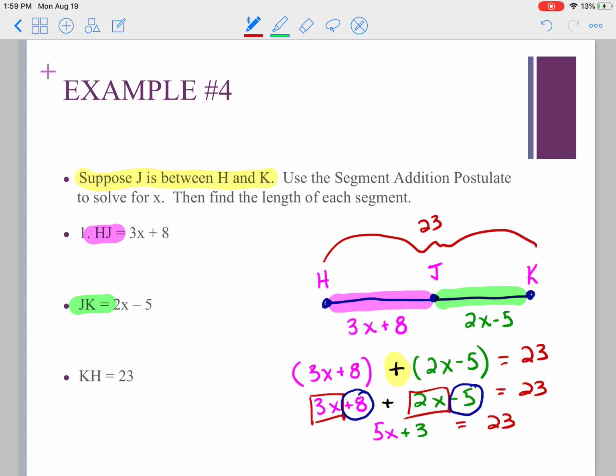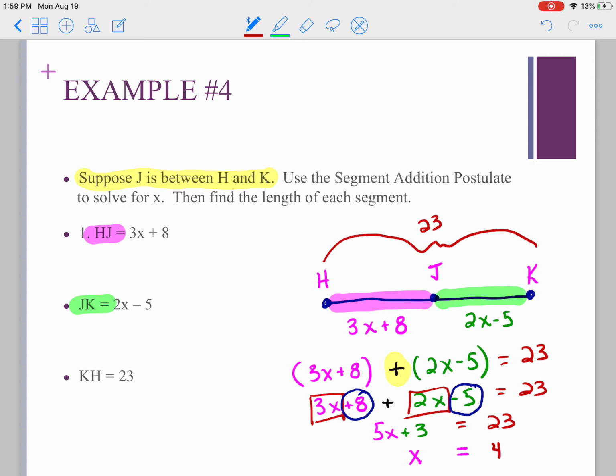From this point, we use algebra to solve, and when I solve for x, I end up with x equals 4. The way that I get there is I subtract the 3 from both sides, and I get 5x equals 20, and then I divide both sides by 5. 20 divided by 5 is 4.